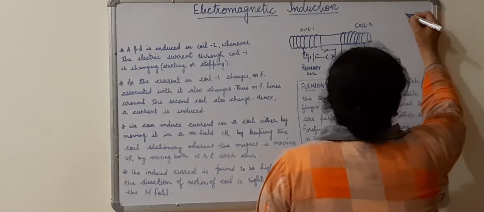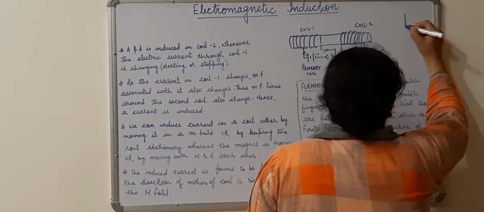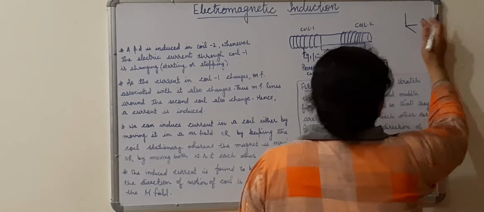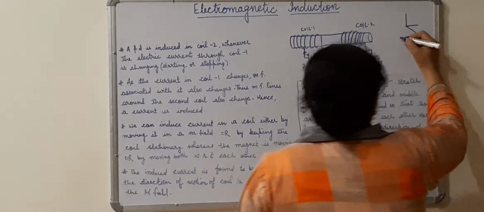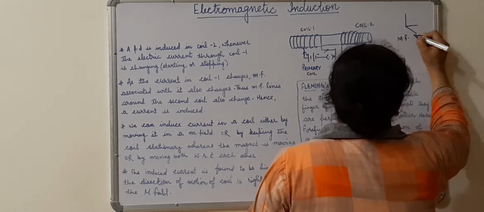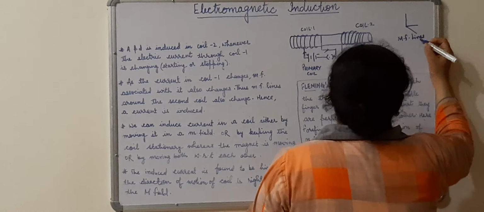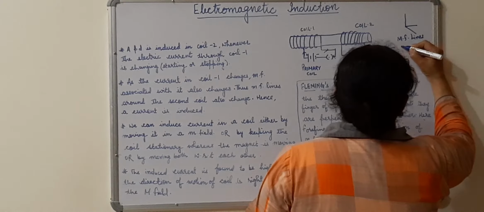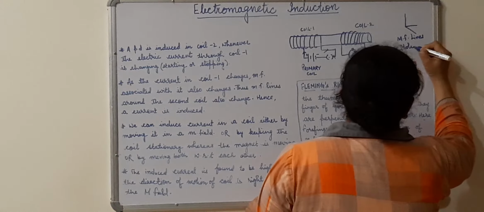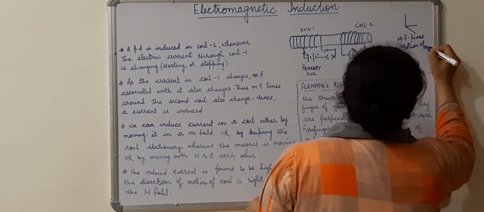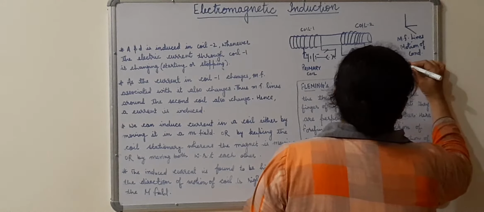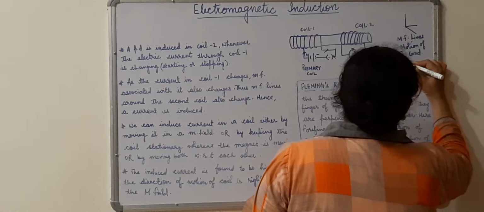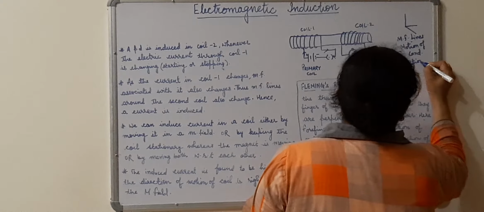See, this is the magnetic field lines. Then we had motion of conductor. Then the direction of induced current.